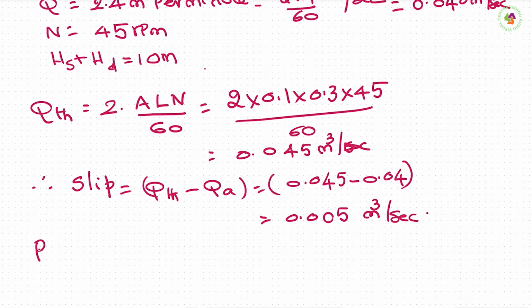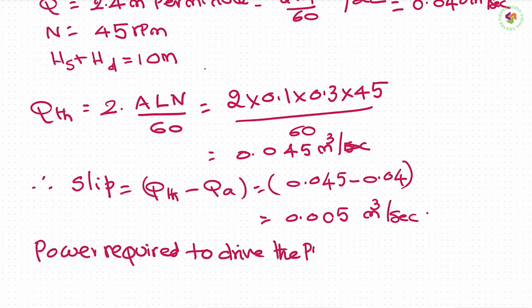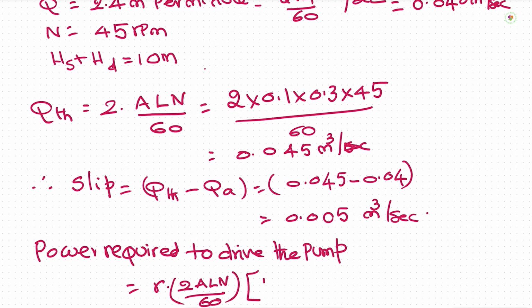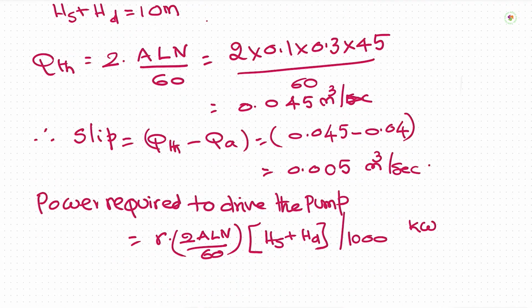Then what is the power required to drive the pump? It is gamma into 2ALN by 60, which is nothing but the discharge, into the total height. Total height is HS plus HD, by 1000. If you put in kilowatts, you will get the power.